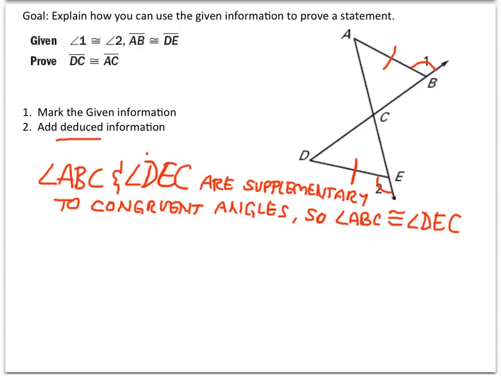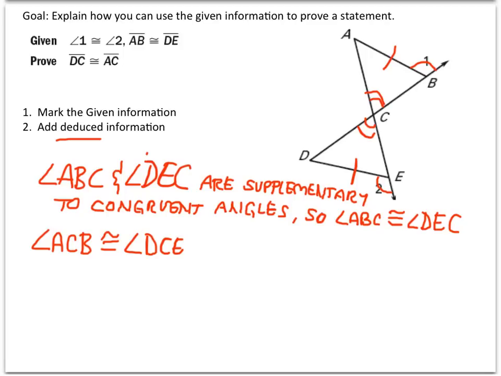Next up, we can also say that angle ACB is congruent to angle DCE, and that's because these 2 angles are vertical angles. They're across from intersecting lines. So I am going to denote that on the picture with a double angle mark. Those 2 angles are congruent, and then I'll write it down.